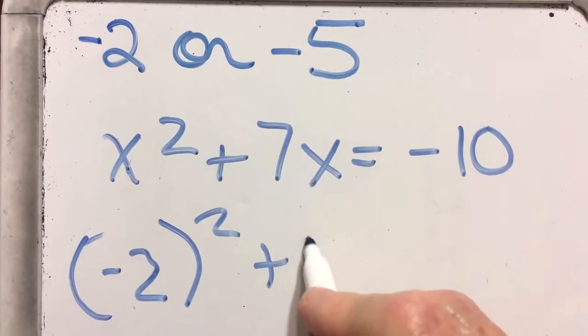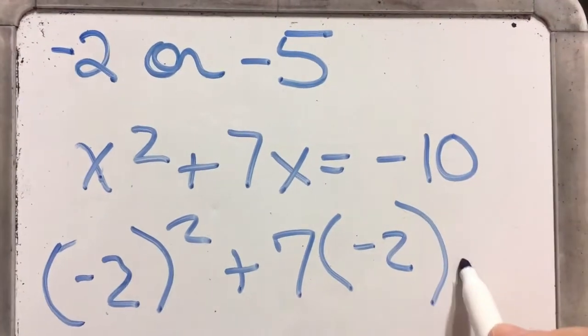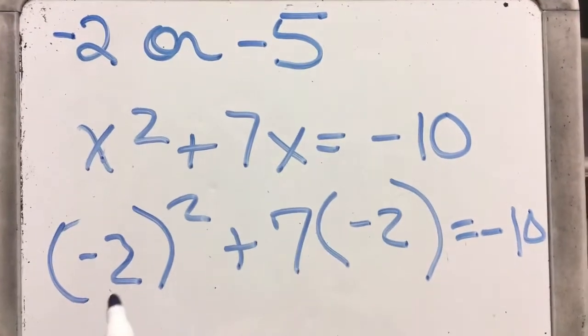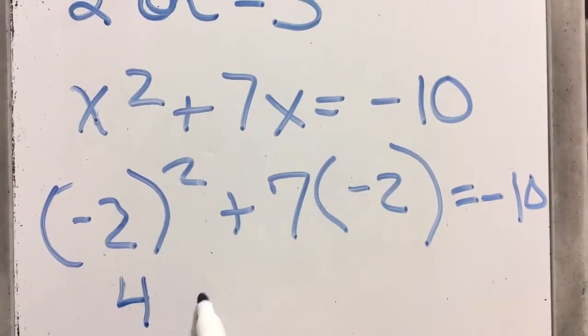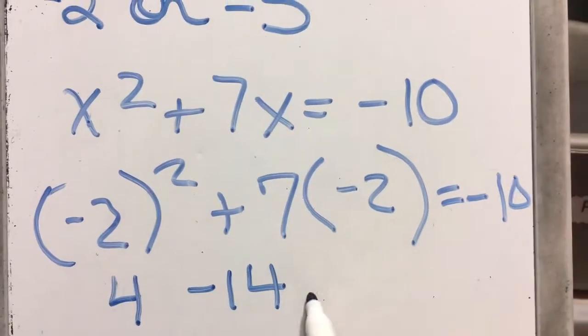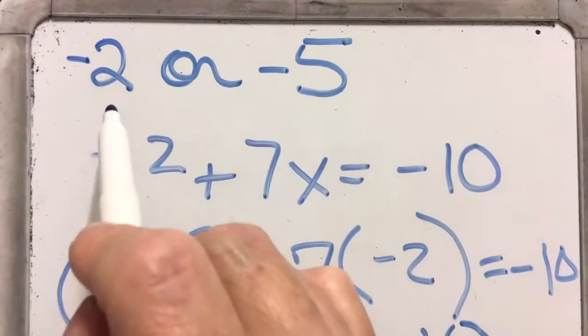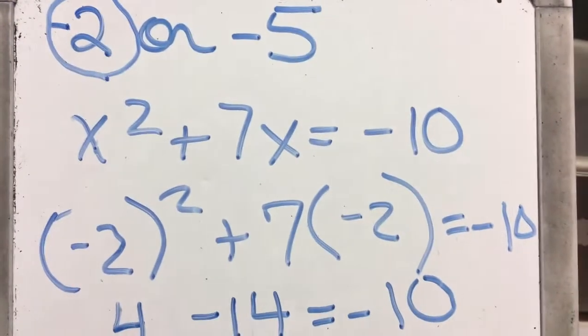And then we'll do plus 7 parenthesis negative 2 equals negative 10. So let's check. Okay, so this is going to be a 4. And then minus a 14. And 4 minus 14 is negative 10. And therefore, the negative 2 does satisfy. It is a solution. It is a root.